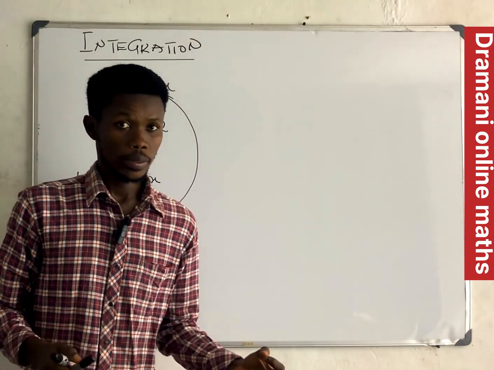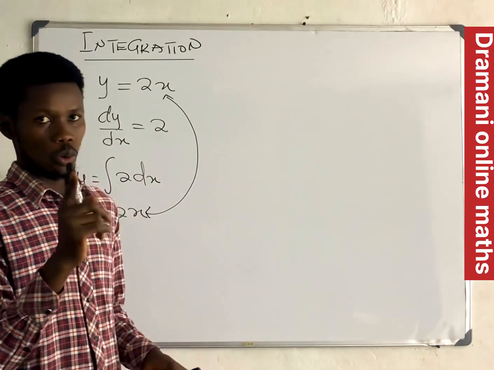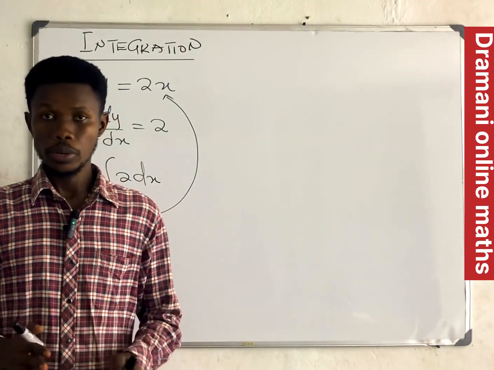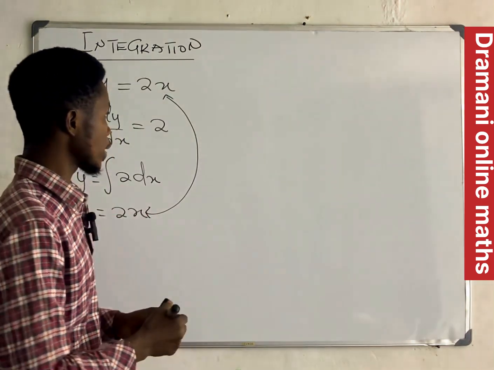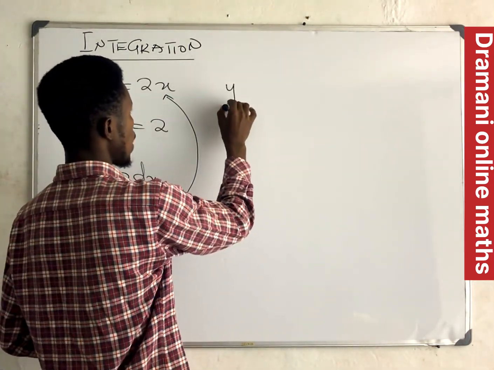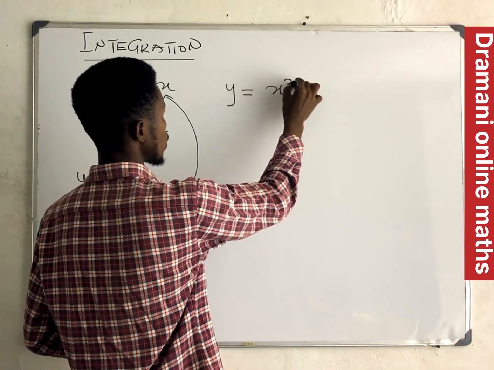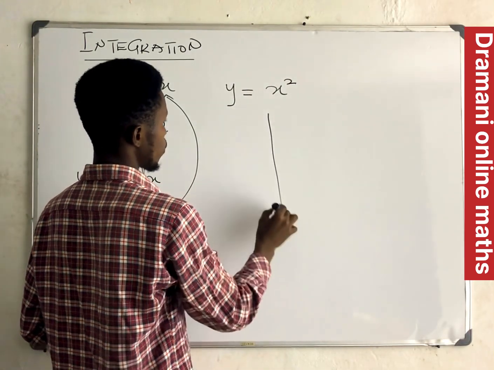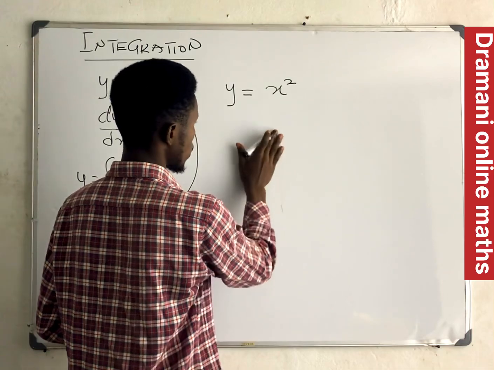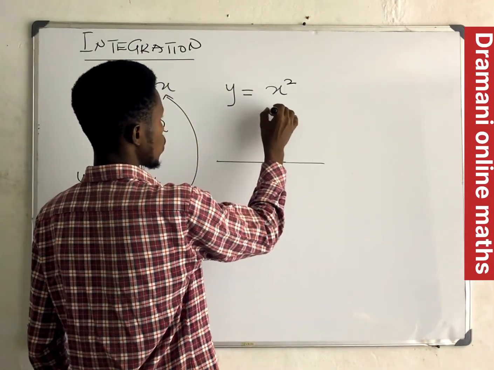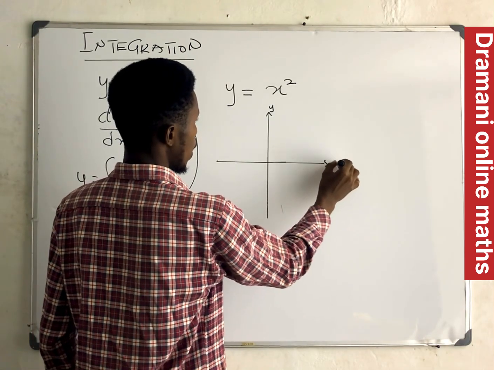But it goes further. Do you know that anytime you find area under the curve, it's also integration? Like if I have, let's say, y equals x squared. Now let's draw the curve of this. So I have my y, I have my x.